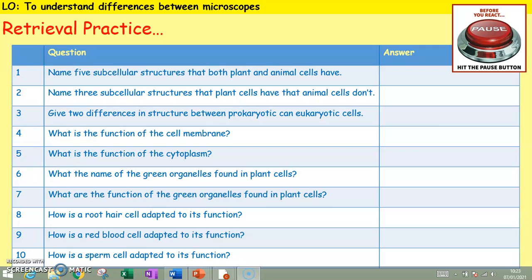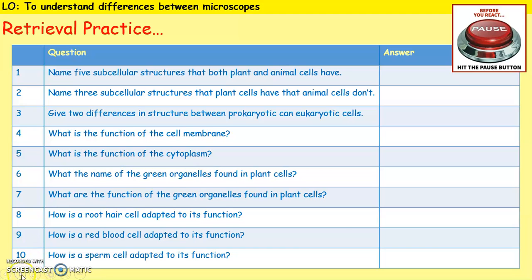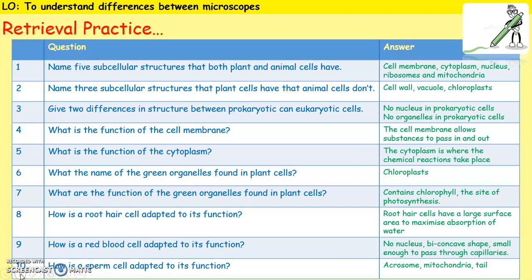Great. So hopefully you've had a go at all of those, and let's see if you've got those answers right. Question 1. 5 subcellular structures that are found in both plants and animals.